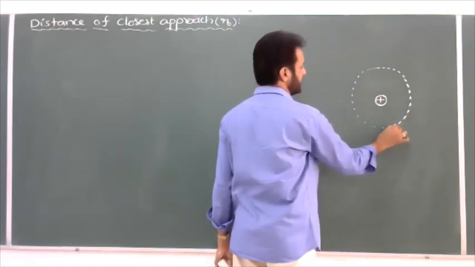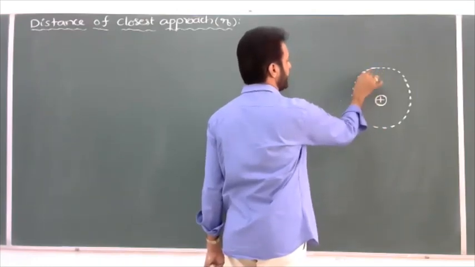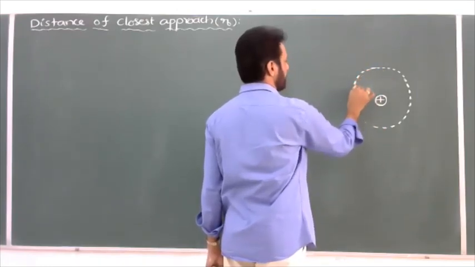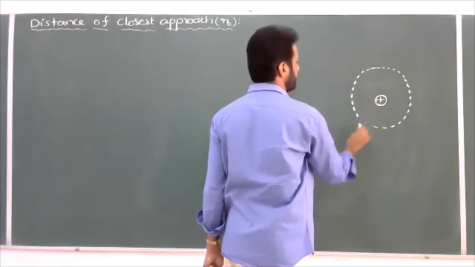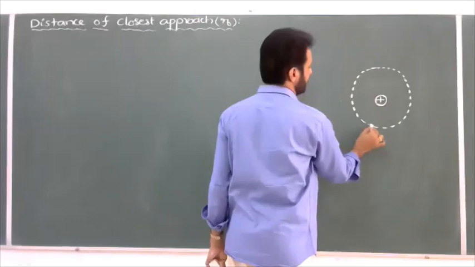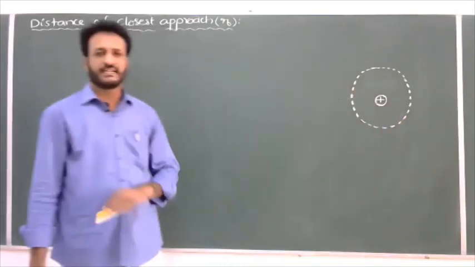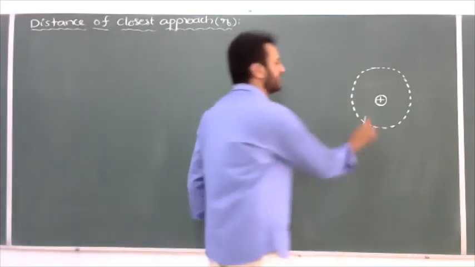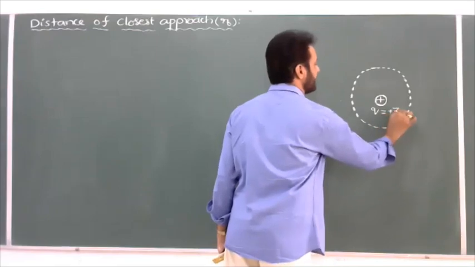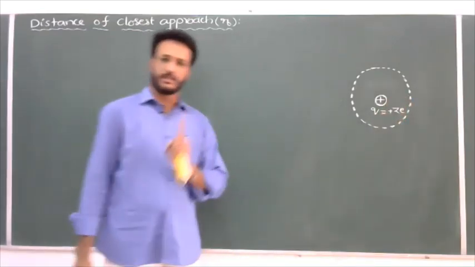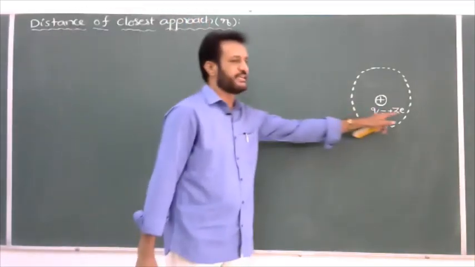The nucleus has atomic number Z, and the charge of the nucleus is plus e for 1 proton, 2e for 2 protons. If Z protons are there, we should write Ze. So the charge of the nucleus Q is equal to plus Ze, where e is the charge of one proton and Z is the atomic number.